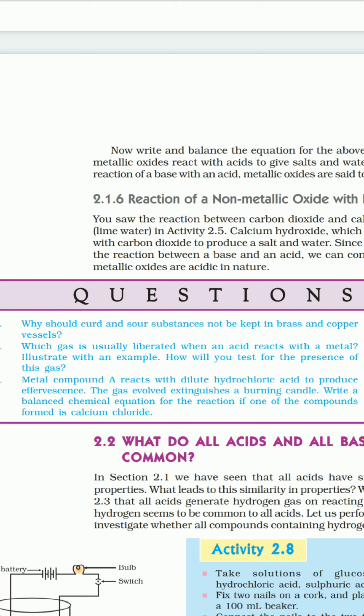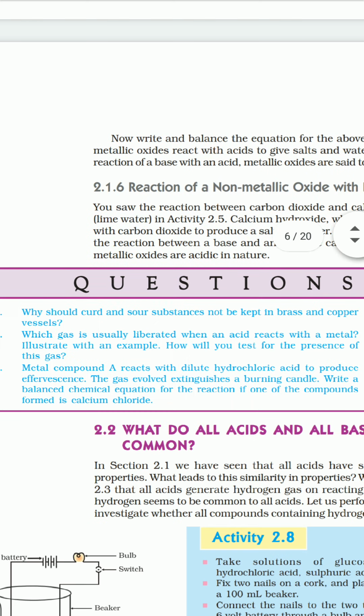Next, a metallic compound A reacts with dilute hydrochloric acid to produce effervescence. The gas evolved extinguishes a burning candle. Write a balanced chemical equation for the reaction if one of the compounds formed is calcium chloride. The gas evolved that extinguishes a lit candle is CO2.